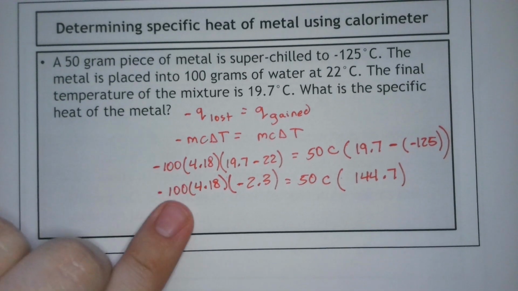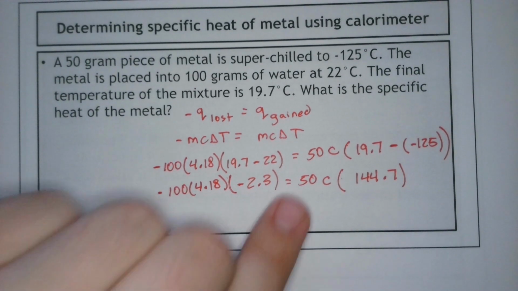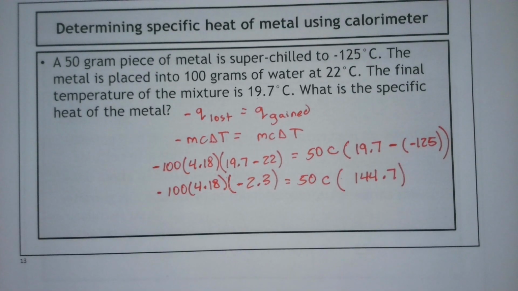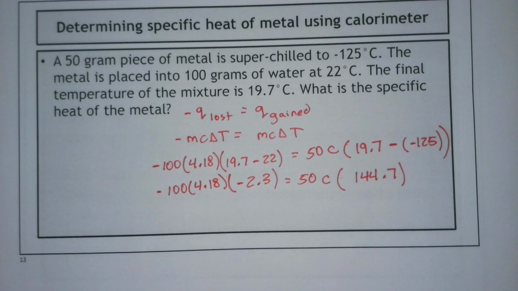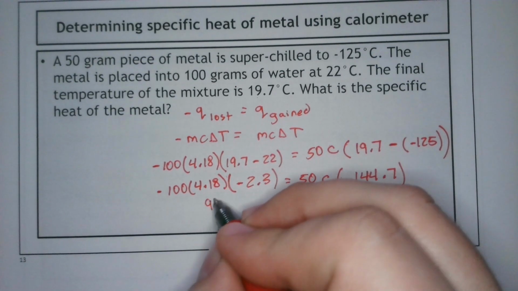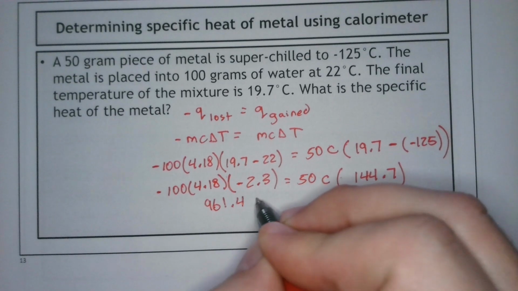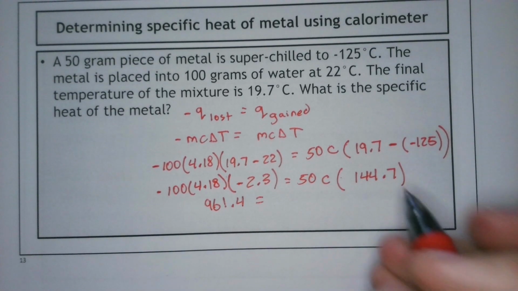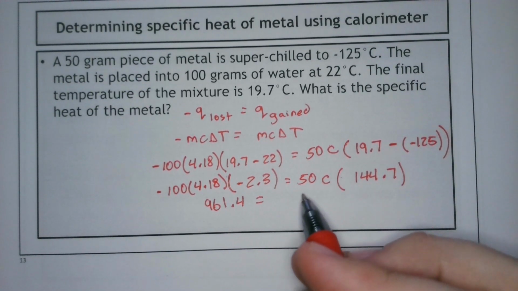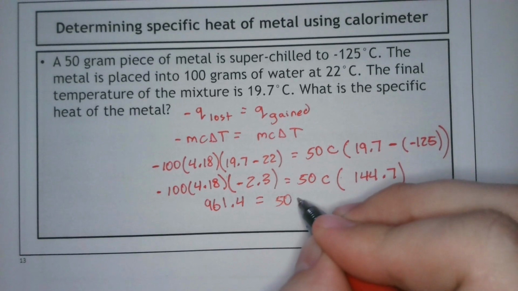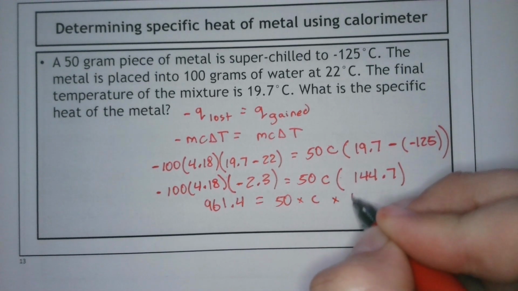So I'm going to multiply everything on the left together, then divide by 50, then divide by that. And that'd be like the shortest way to do the math there. Negative 100 times 4.18 times negative 2.3, if you want to do it in multiple steps, you can, equals a positive 961.4, equals 50 times C times 144.7.